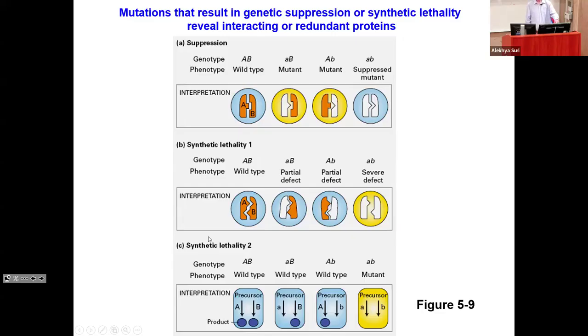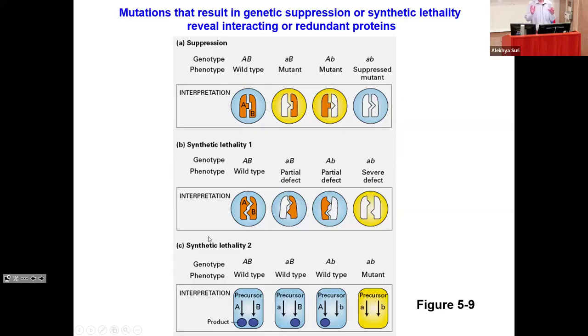In contrast, what we see here, B and C down here, is synthetic lethality. We have the same situation: we have two mutants, and we combine them. The single mutants would have, for example, a mild effect on cell growth.